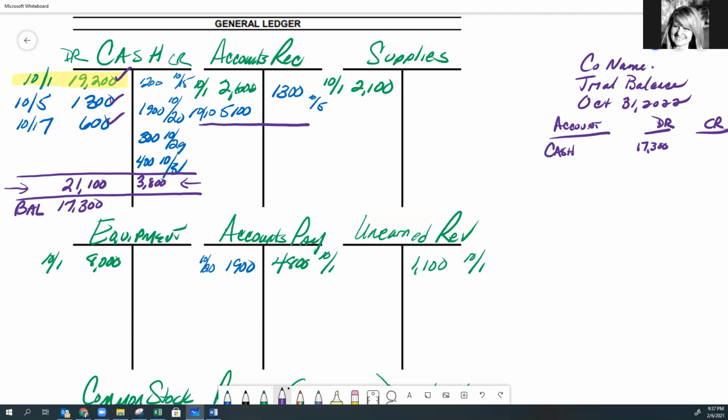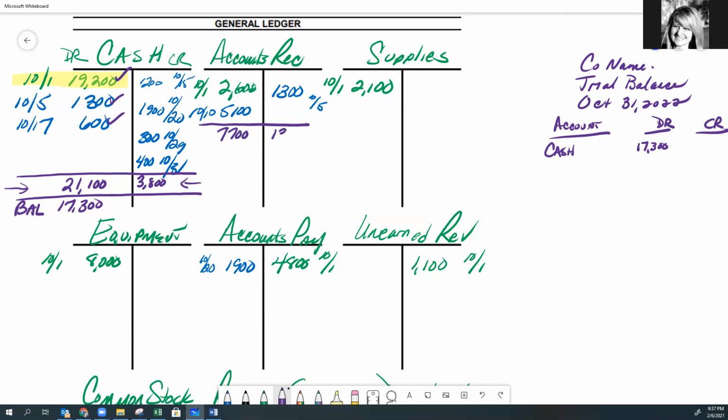Okay, so now we're going to come over here to accounts receivable, and let's do the same thing. I'm going to add up my debits. We have 2,600 plus 5,100. Okay, so debits, we have 7,700.